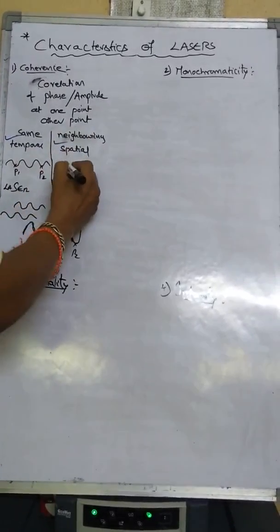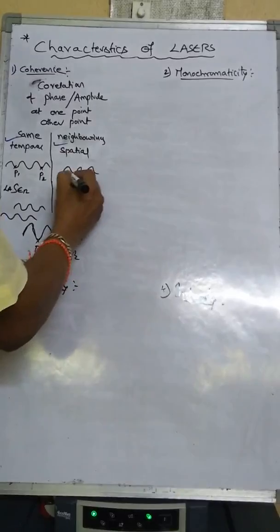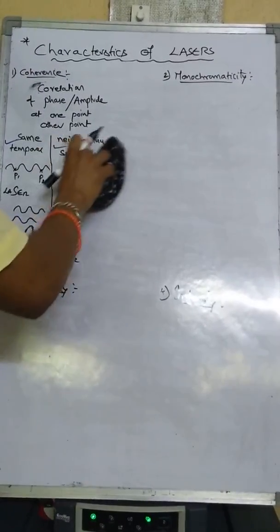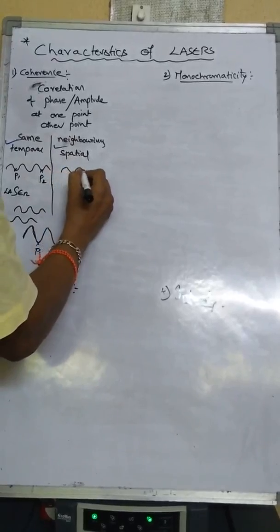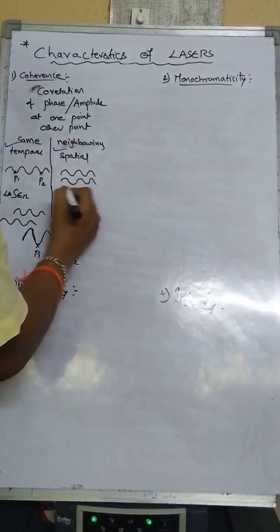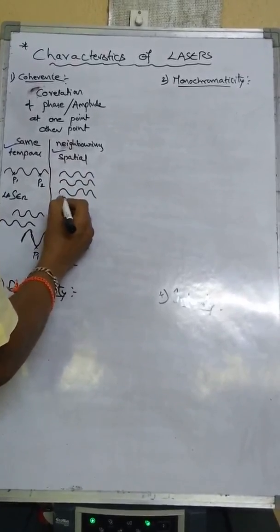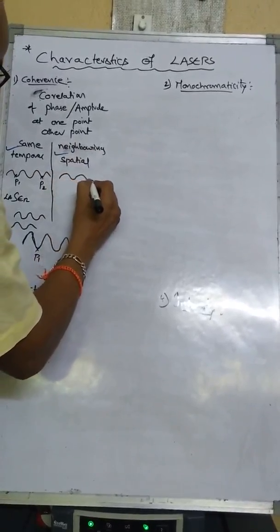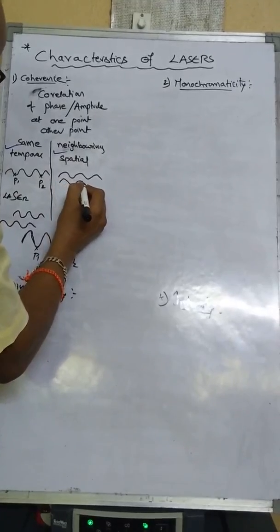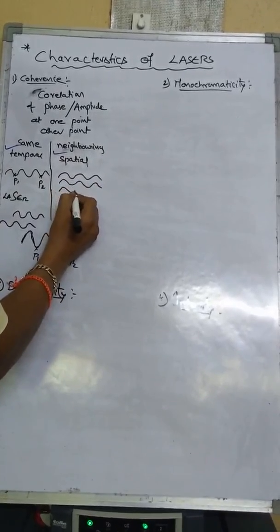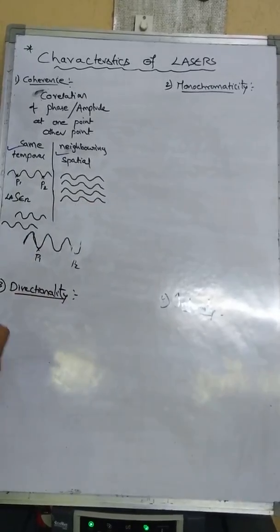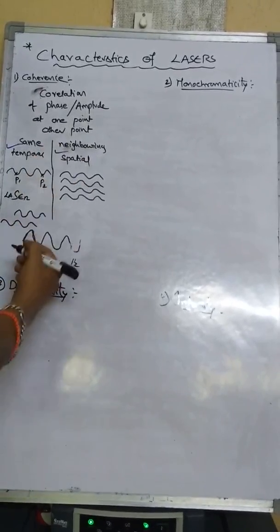Coming to spatial coherence, in stimulated emission a large number of photons are emitted, and these photons will be in phase. Let me go for a clear diagram, because the phase representation must be very clear, otherwise the diagram and the concept will be mismapped. So this is maintaining spatial coherence.